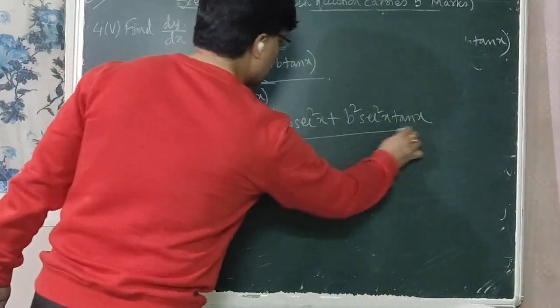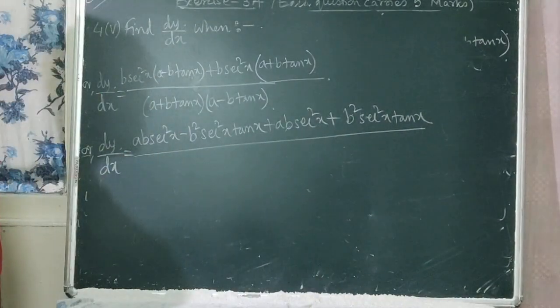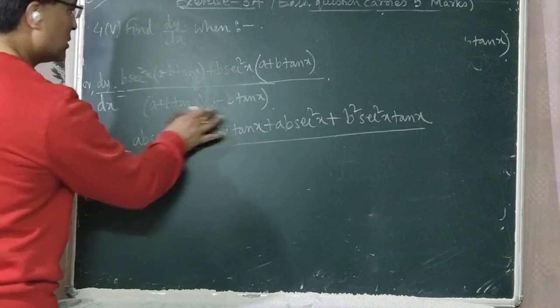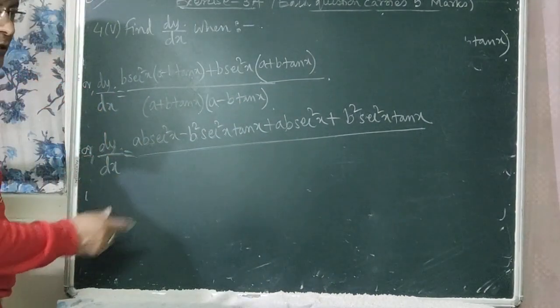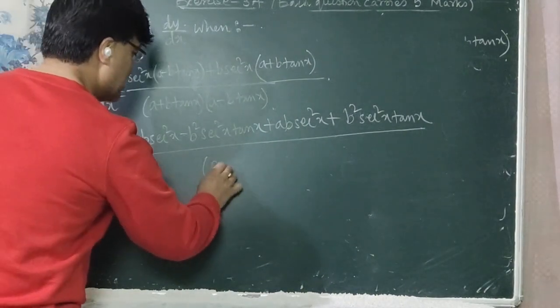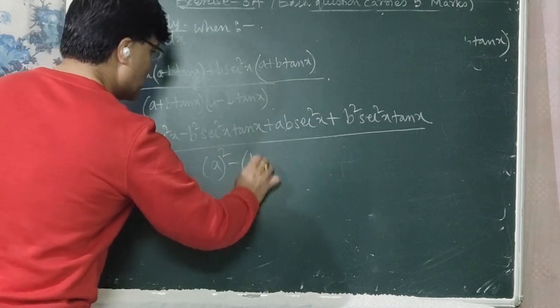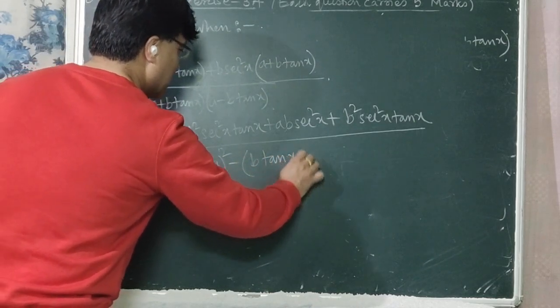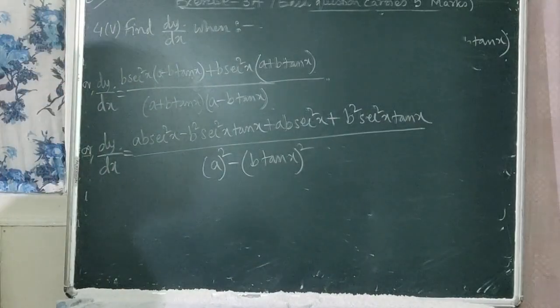So this whole divided by, in the denominator you can use a formula here, a plus b into a minus b. What is the formula? A square minus b square, that is a whole square minus, what is b whole square? B tan x whole square, right?